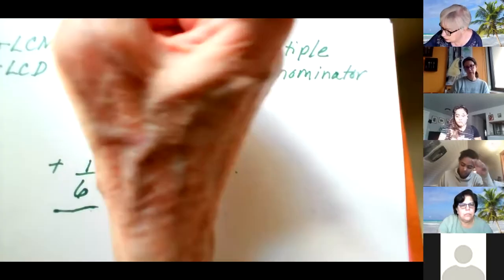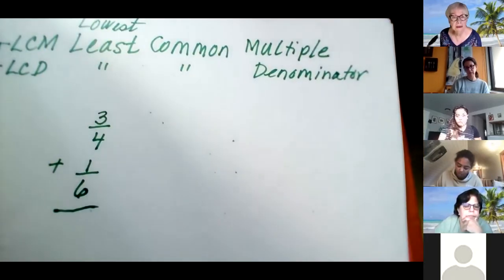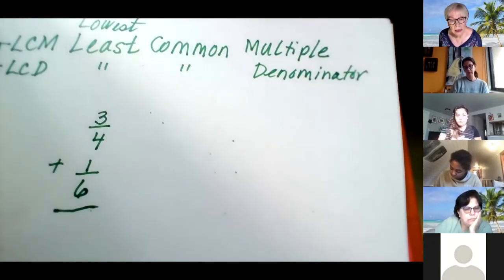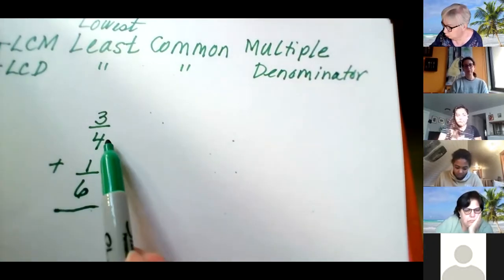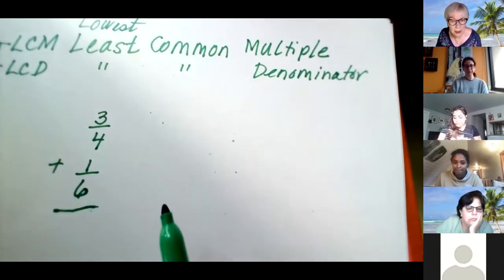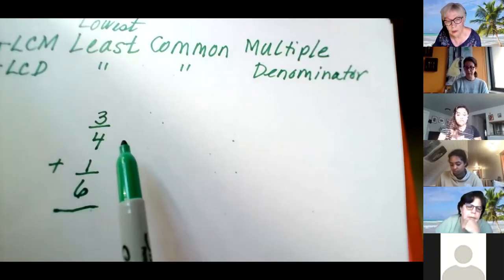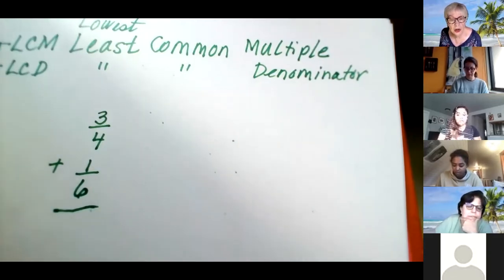And so sometimes they would call this the lowest, but it's the same thing, least. And so is 4 something that will work for both of them? No. Is 6 something? Well, 6 would go into 6, but 4 won't go into 6. So the question is, what is the correct number?